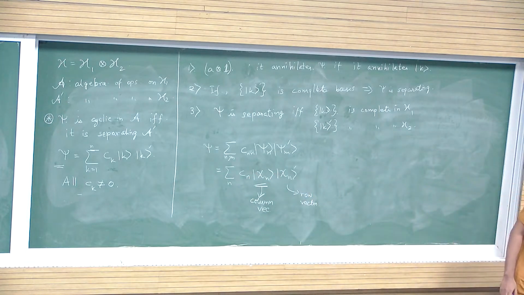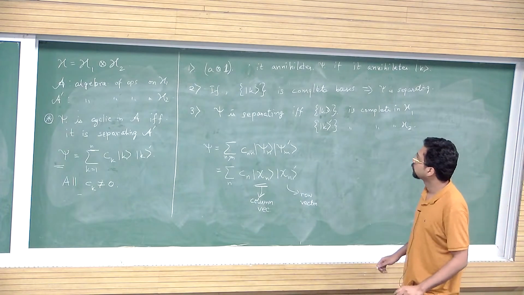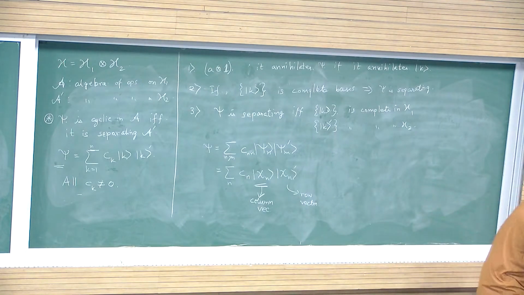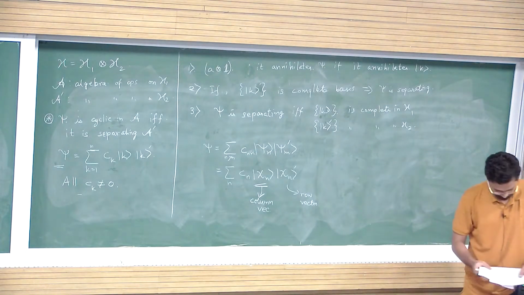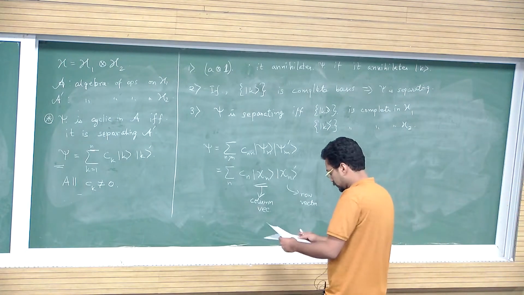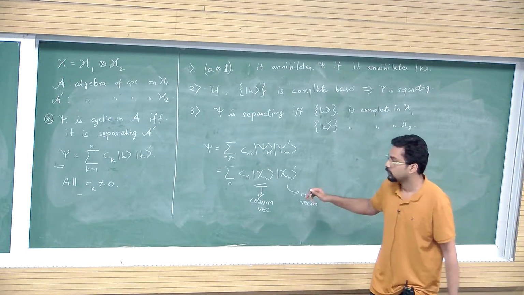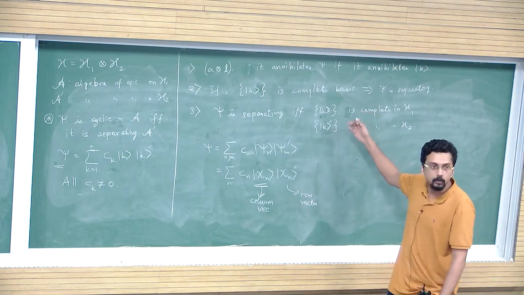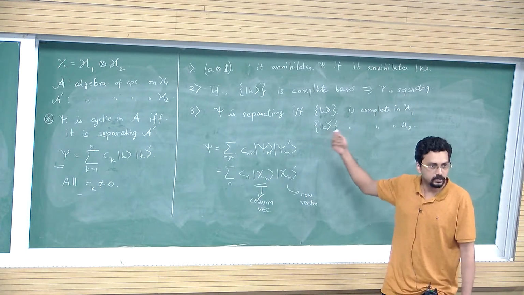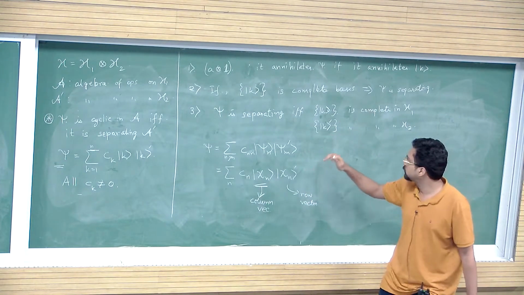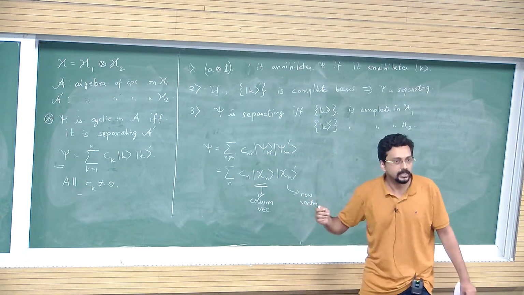Where did you prove both dimensions are the same? How did you get that? That will follow because it will not form a complete basis otherwise. For completeness of the basis, you require that both dimensions have to be the same.